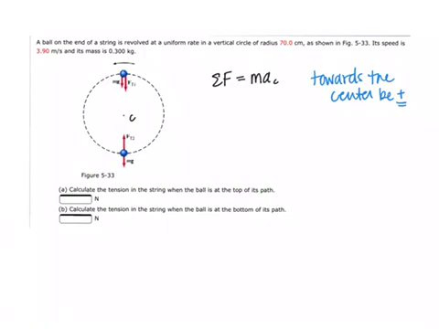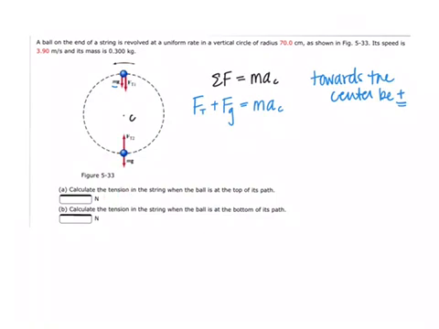That means that the tension force and the weight force, now it's written as mg in this figure, but I like to write it as F sub g, would be equal to MA sub C. Now the question is asking us to find the tension in the cord.